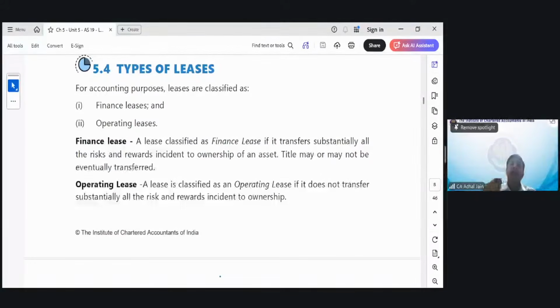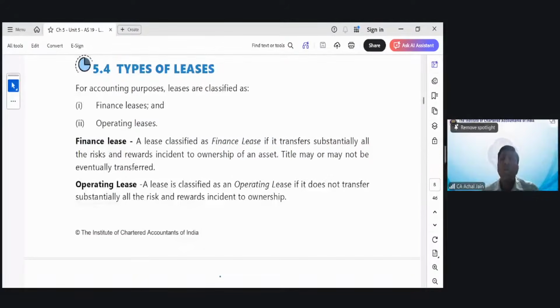Please remember, I am not talking about transfer of ownership. No, and it's not a sale. Substantially, all the risk and rewards have been transferred. Ownership is not transferred, title is not transferred. That's when the lease will be called a finance lease.